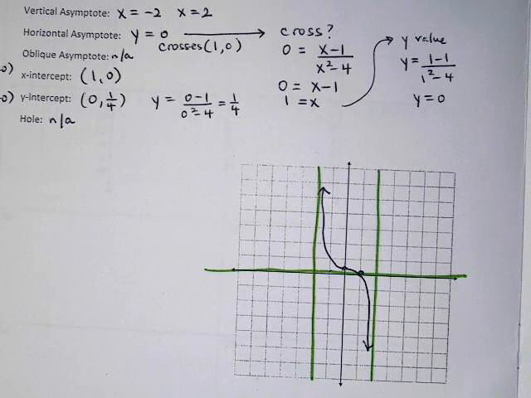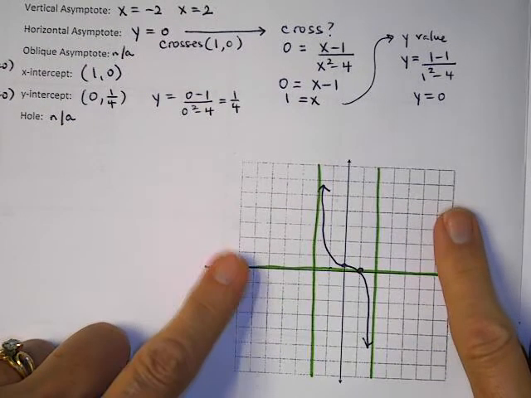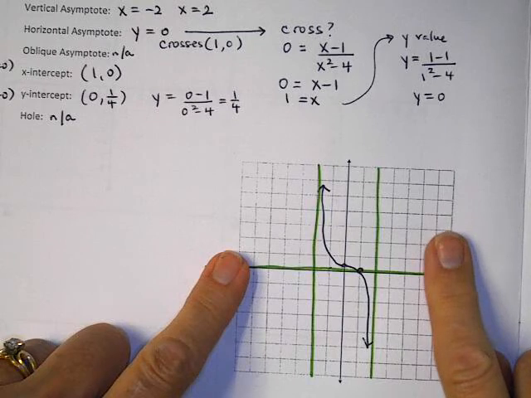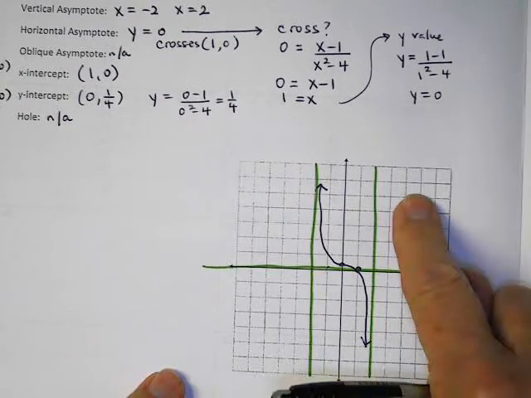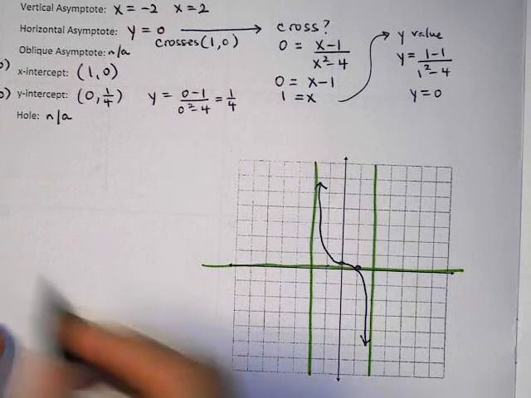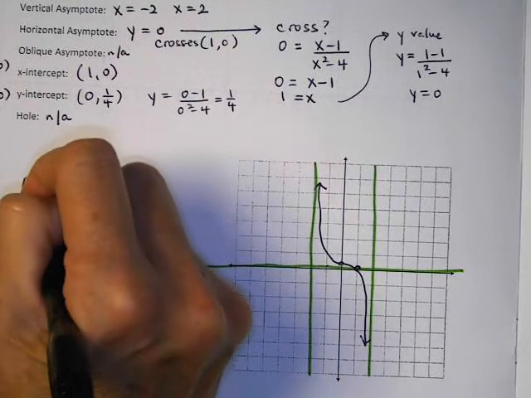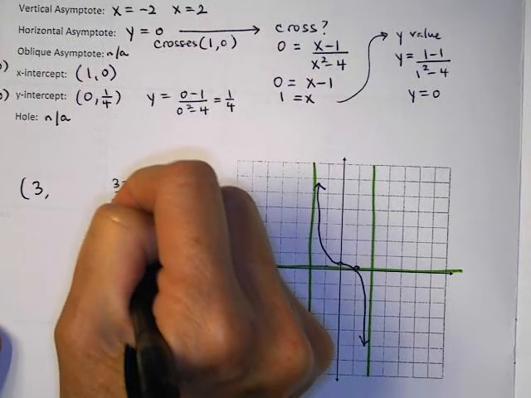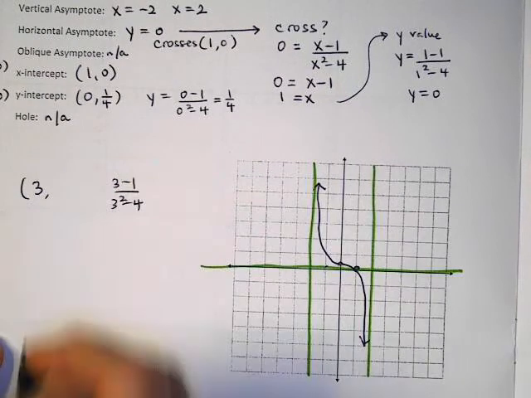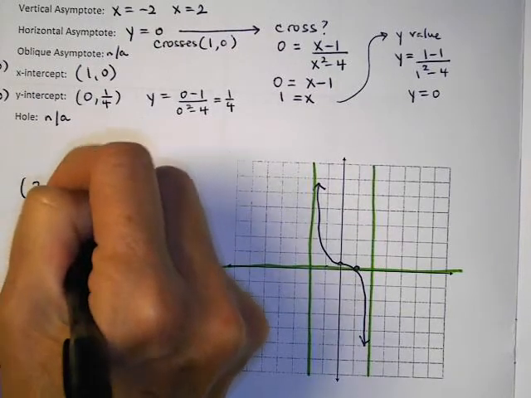So I can complete that part of the graph, but now the big question is, what happens in these chunks out here? So what happens to the right of 2 and to the left of negative 2? Well, I don't know. Am I in the top or in the bottom? So I'm just going to check some points. If I plug in 3, what would 3 minus 1 over 3 squared minus 4 turn out to be? That looks like 2/5.